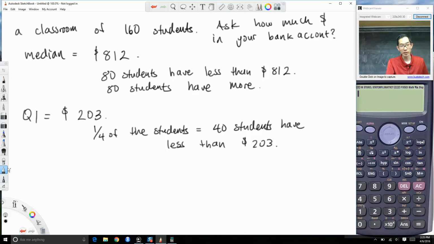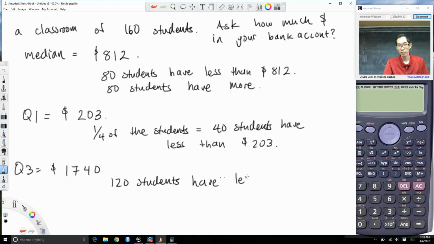For Q3, we're making up numbers again. Maybe this is 1740. So 3/4 of the students, so 120 students, have less than 1740.